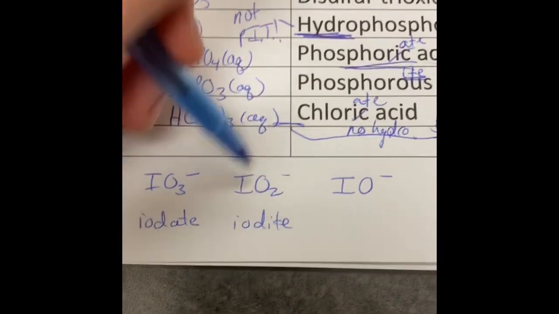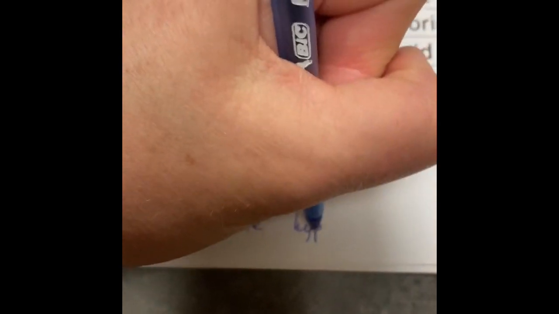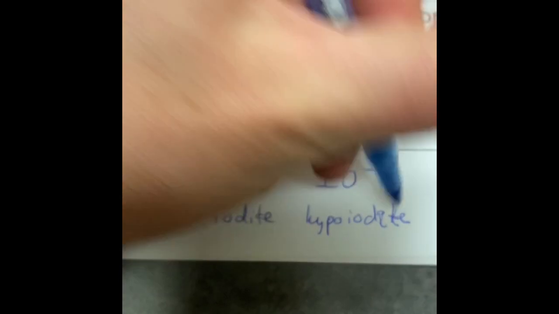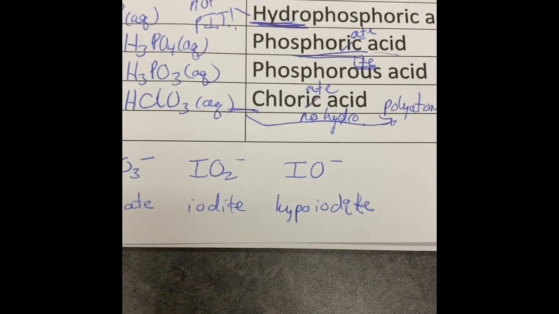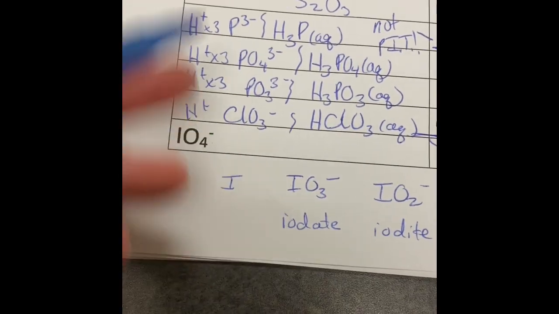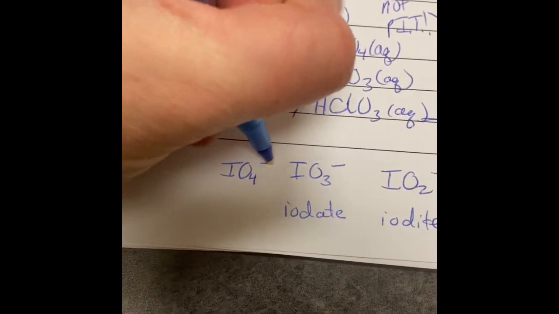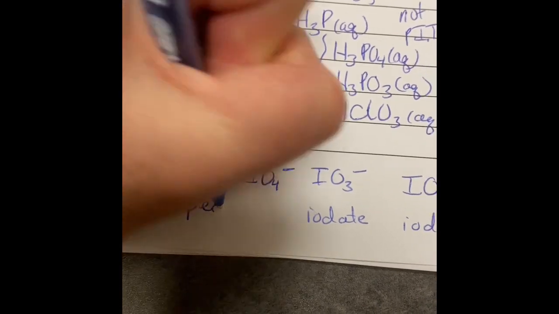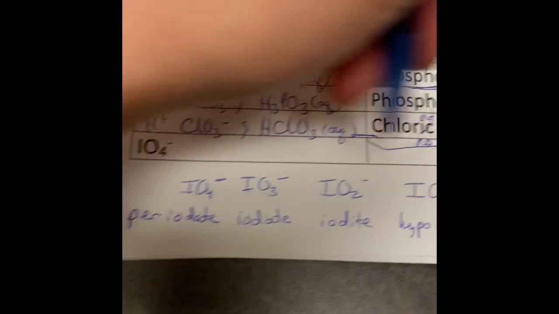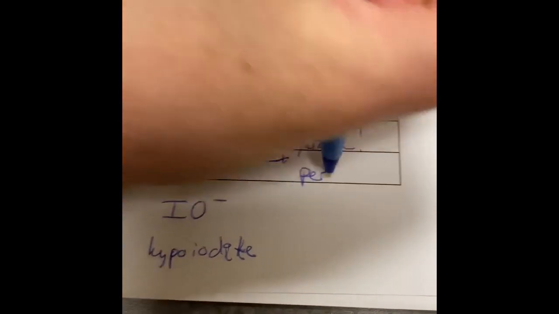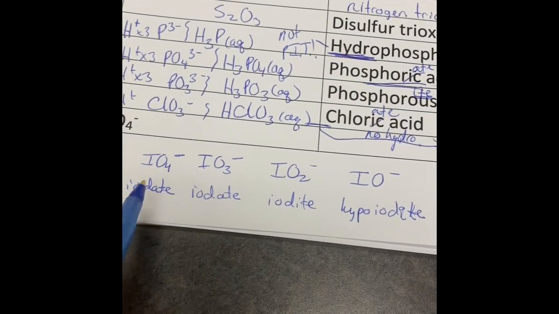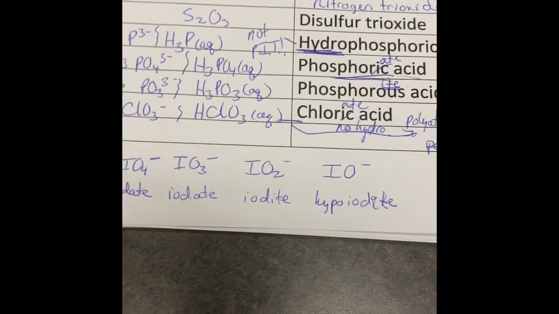IO negative, one less, would be hypoiodite. Just like when you have low blood sugar, you're hypoglycemic. And to the opposite effect, if we've got an iodate, we can add one more oxygen. The opposite of hypo is hyper, and that's why this is periodate. We drop the hype. So that's why this answer right here is periodate. Notice they all keep the same charge, they just differ in the number of oxygens.